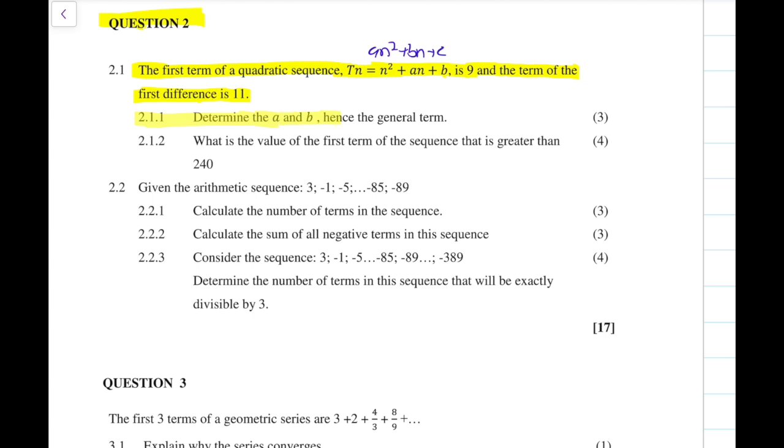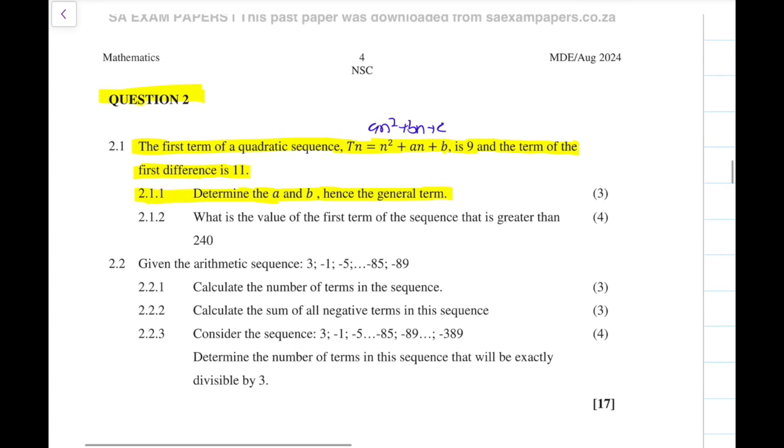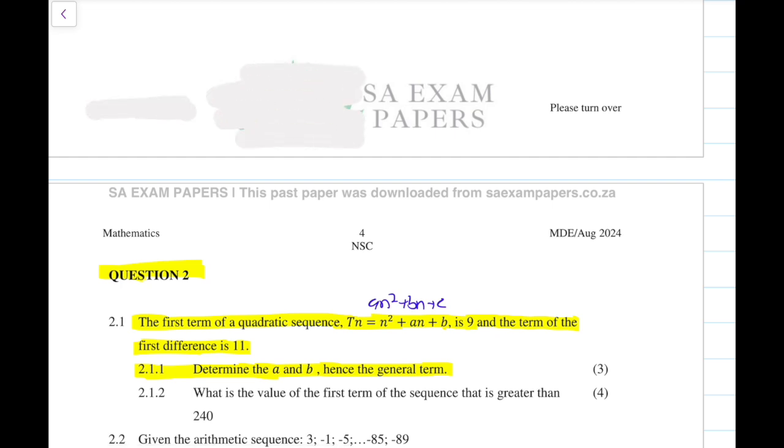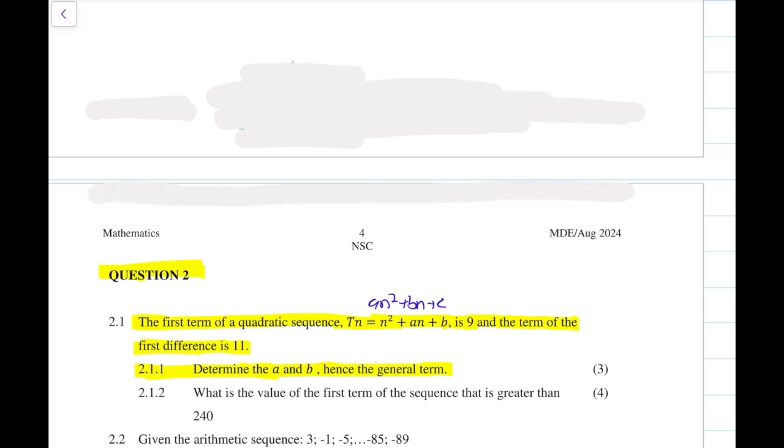So what we need to understand from this information that they've given us is the following. So let's use this space here again at the top. So we know that we have 9 and then we have a certain term, and it's going to be term 2 minus term 1.